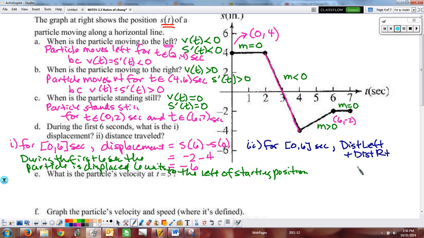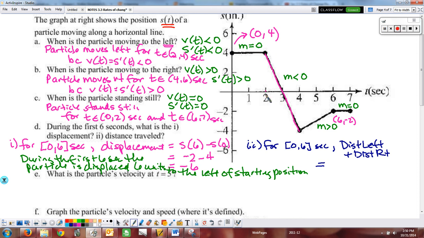And since I'm doing a distance, it's actually going to be the absolute value of the displacement. So from 0 to 2 seconds, I'm standing still. So nothing is happening there. I'm not moving, so there is no distance being traveled.